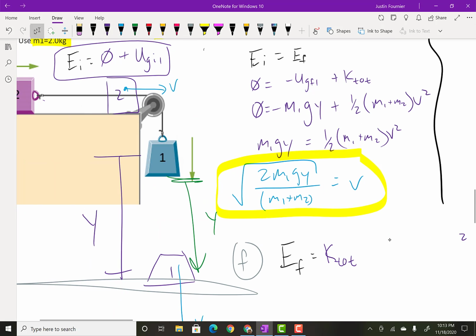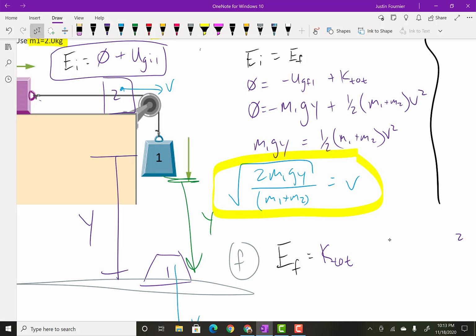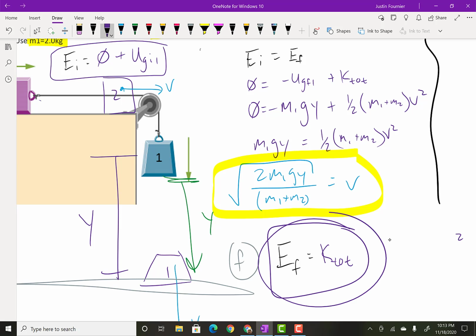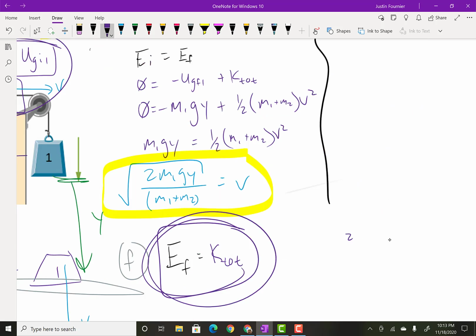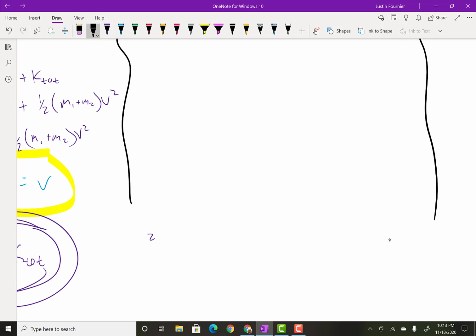Well, okay, now I'm going to use the conservation of energy. My final energy is here, my initial energy is here. Let's try it out. My initial energy is equal to my final energy. My initial energy was gravitational potential energy from object 1, and my final energy is the total kinetic energy at the end.